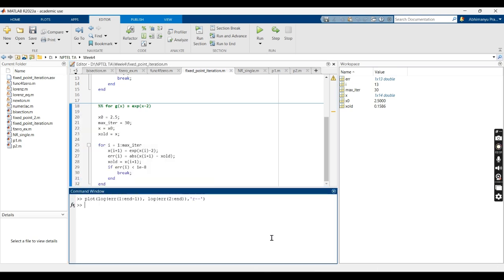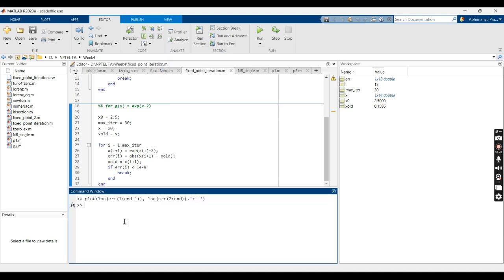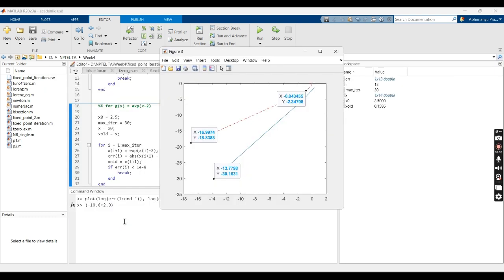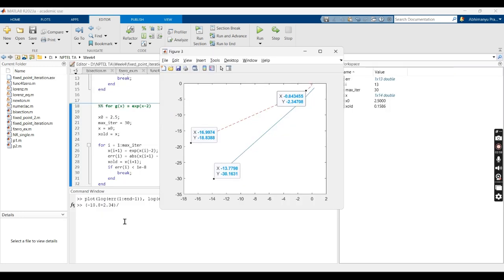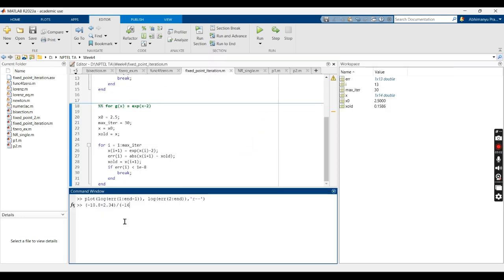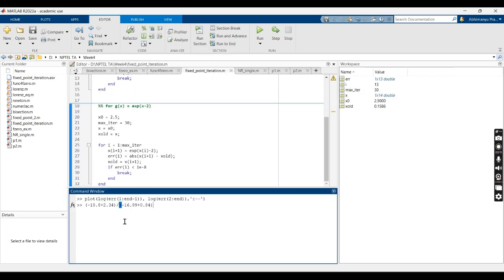Now if I plot the same thing, so this is, if I calculate the slope of this, then it's around minus 18 plus 2.3, minus 18.8 plus 2.34, 2.34, 16.99 minus plus 0.84. Yeah, so we get a number that is close to 1.